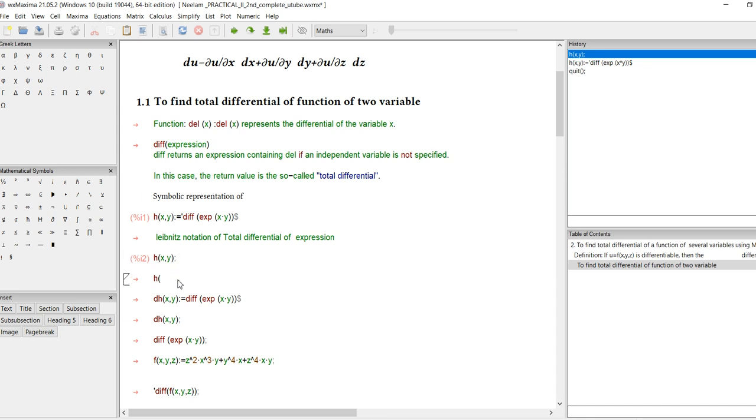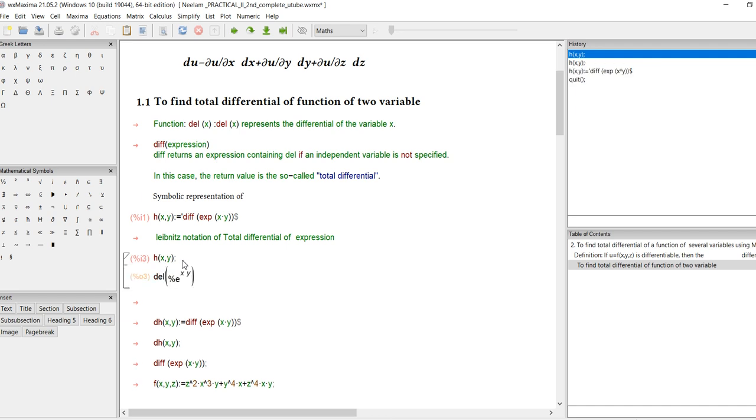So I am eliminating this line. Shift enter. It shows me the value assigned here, the differential. It's Leibniz notation.